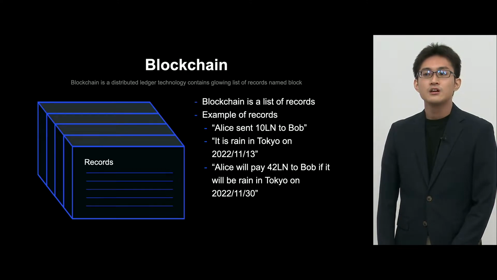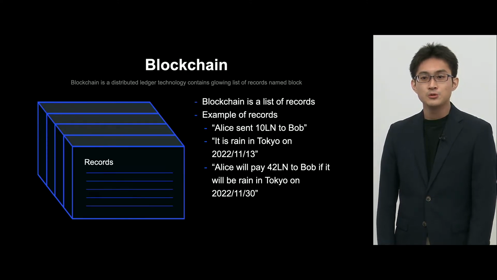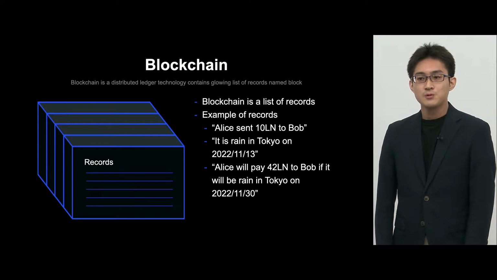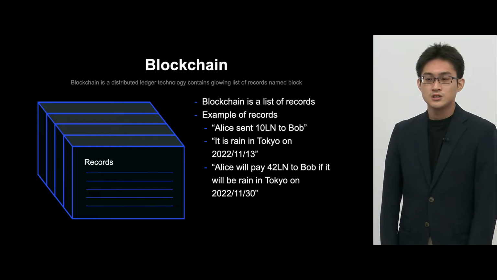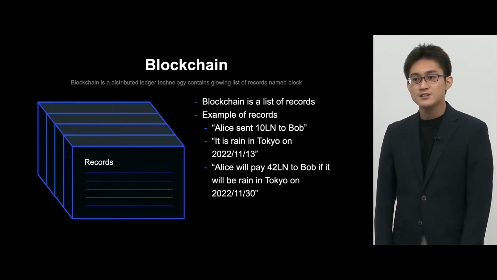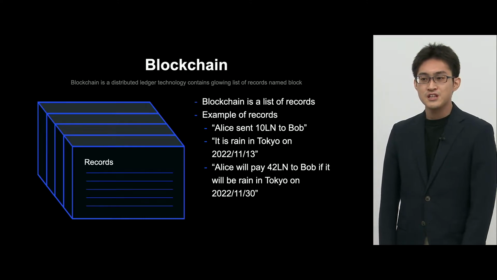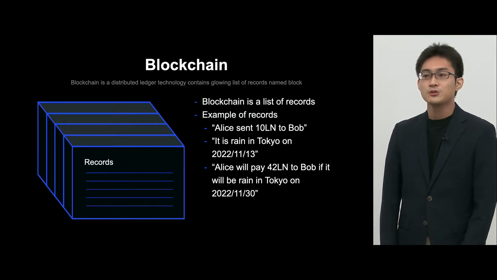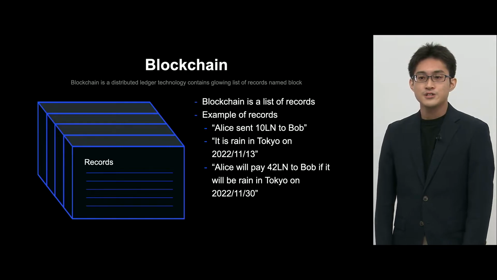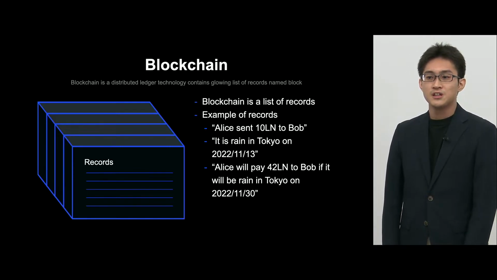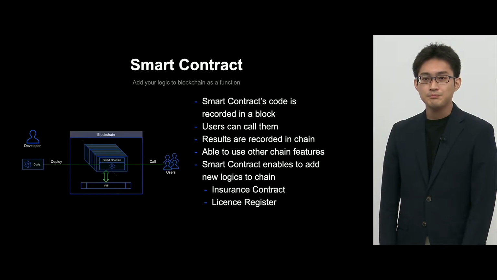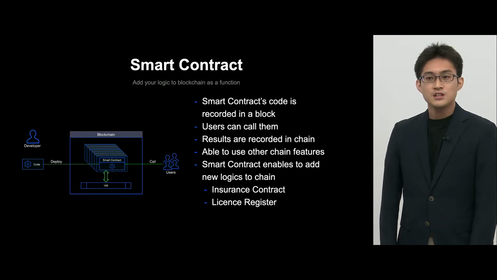Also, contracts and programs can be stored, such as: if it rains on November 30th in Tokyo, Alice will pay 42 lines to Bob. This is the type of contract that will be recorded. So these types of contracts or automatically processed programs can be recorded.